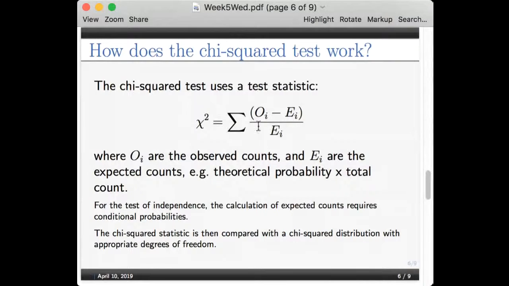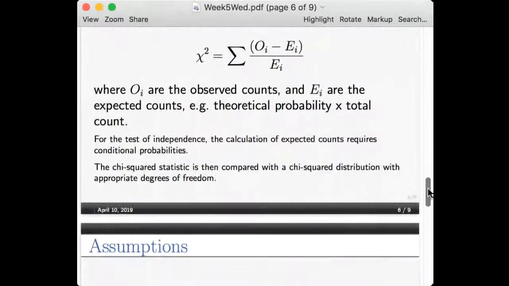So it calculates a chi-squared statistic and compares it to a chi-squared distribution with the appropriate degrees of freedom. It works in similar ways to a t-test, but it's a different distribution. That's just a feel for what it's doing behind the scenes.